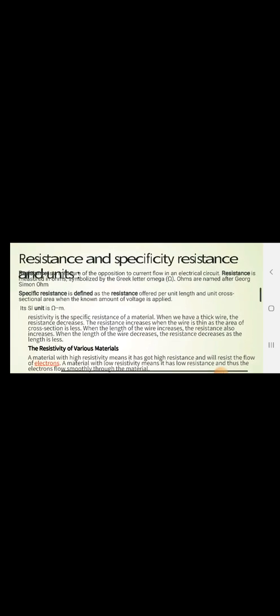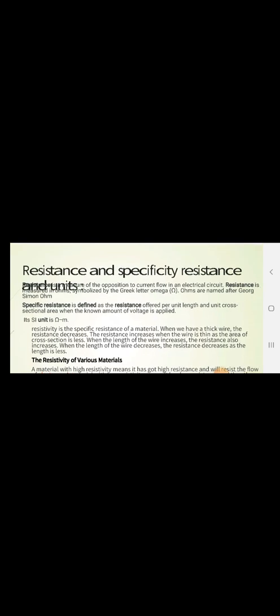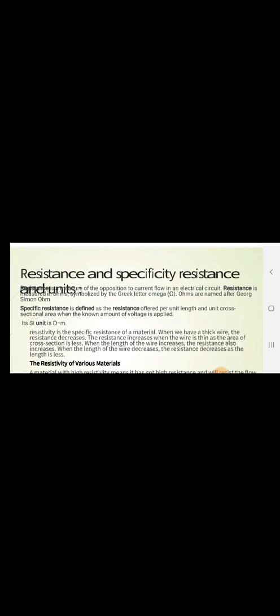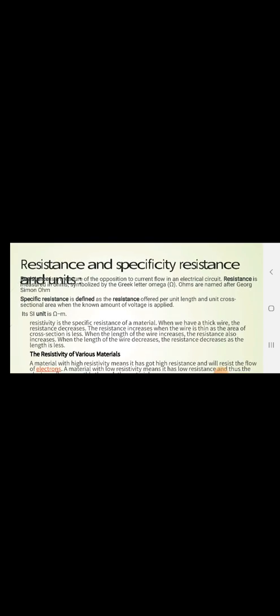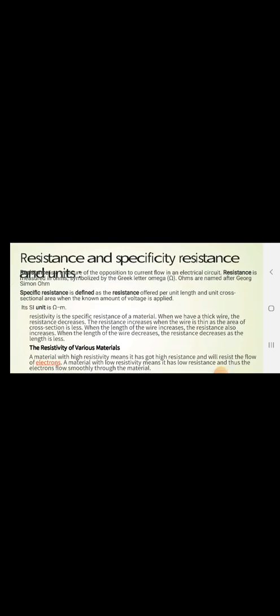I have written resistance and specific resistance and units also, but the word 'units' has been printed over it, so it is somewhat not clear. So I define here: resistance is a measure of the opposition to current flow in an electrical circuit. Resistance is measured in ohms, and it is symbolized by the Greek letter omega.